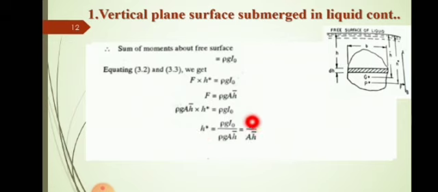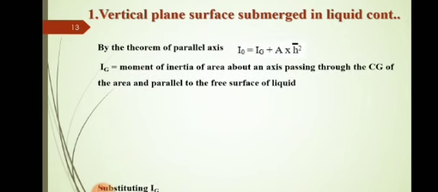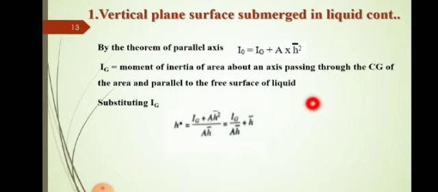Here you can give the substitution for I naught. So H star is equal to I naught. Instead of I naught, you can give this equation, Ig plus A h bar square divided by A h bar, which is equal to Ig by A h bar plus h bar. So H star, equation for finding out the center of pressure.